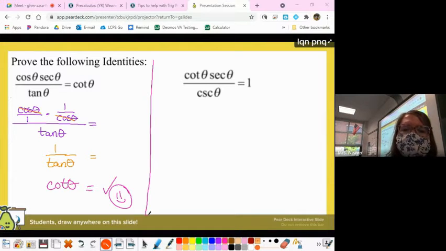And because you have not all tangents and cotangents, I would really recommend changing everything to sine and cosine. So even though cotangent is 1 over tangent, I would probably go ahead and change everything to sine and cosine, because then it will be easier to have things simplify and cancel away.